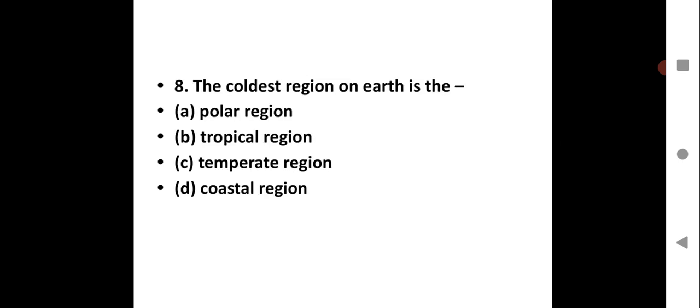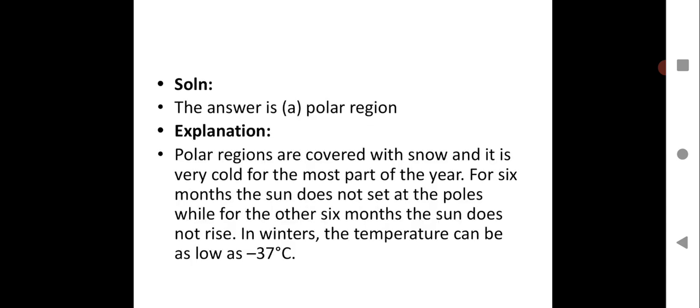The coldest region on earth is the polar region, tropical region, temperate region, coastal region. Very simple. Polar region, you have learned so many concepts related to polar region. Polar regions are covered with snow. It is very cold for the most part of the year. For 6 months, the sun does not set at the poles, while for the other 6 months, the sun does not rise.